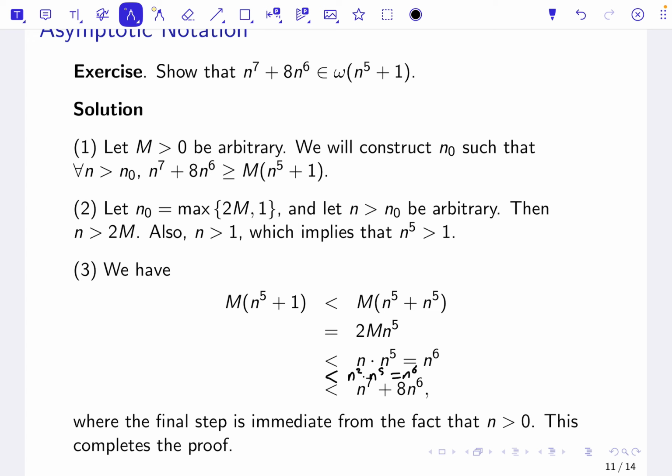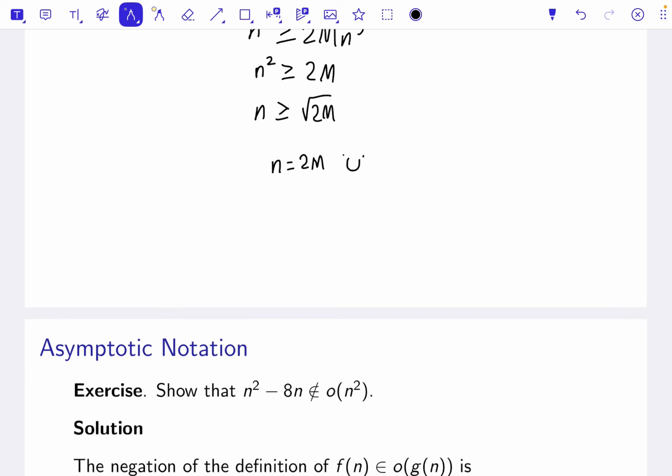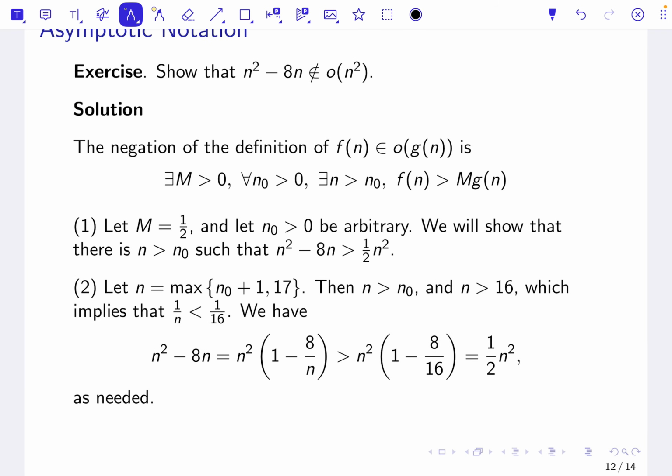It's totally valid to add a term when you're trying to get an expression that's greater than something else. Yeah, so-called immediate from the fact that n is greater than 0. Sure. Now we have a negation proof.